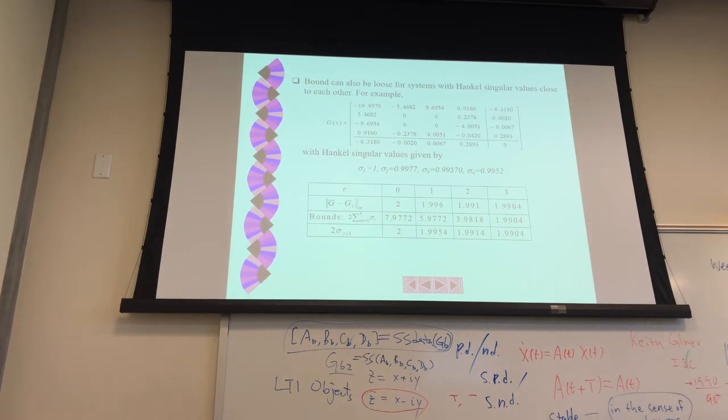Truncate 0. So this is the original system. Then this is 1, truncate 1. You keep 1, truncate 3. You keep 0 means you keep all. R is the one from 1 to R you keep.